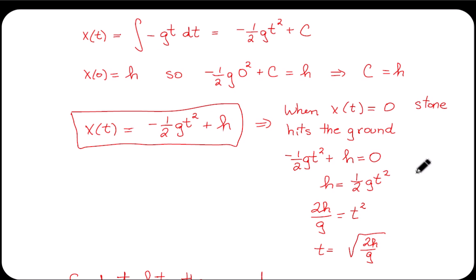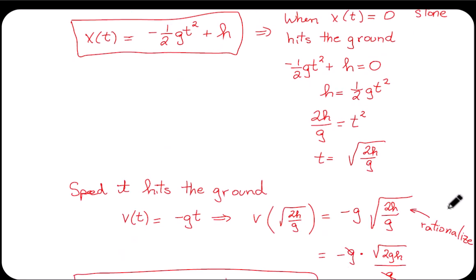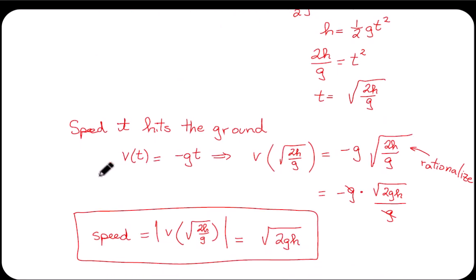And so the time for it to hit the ground is the square root of 2h over g, taking the square root here. I don't have to worry about the minus because time is positive. And so the speed where it hits the ground is, I can fill in the square root of 2h over g because that's the time.